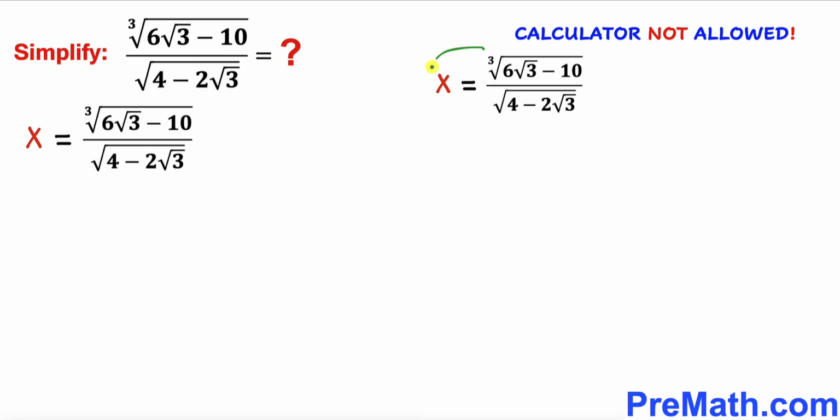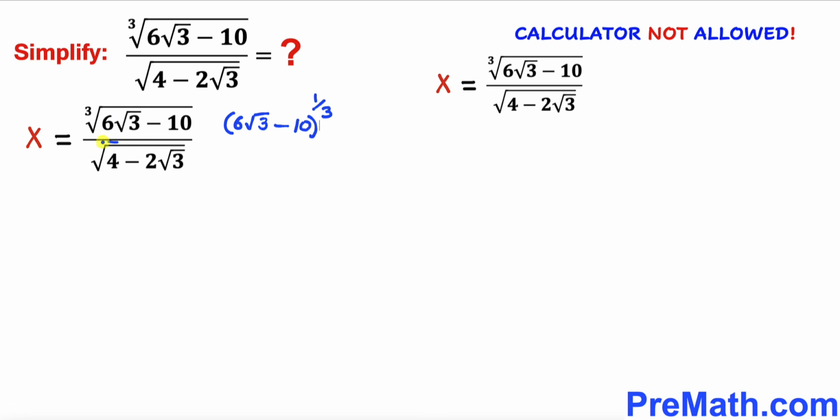So I have copied down this whole thing over here. And now we are going to focus on this numerator part. We've got the cube root and the index over here is 3. So this whole thing could be written as 6 times the square root of 3 minus 10, whole power 1 divided by 3.